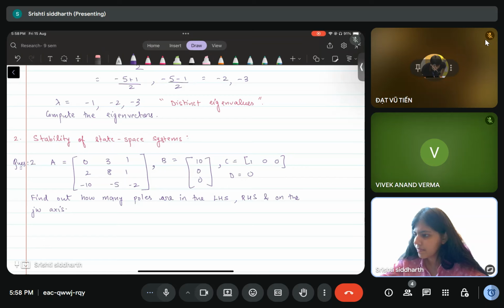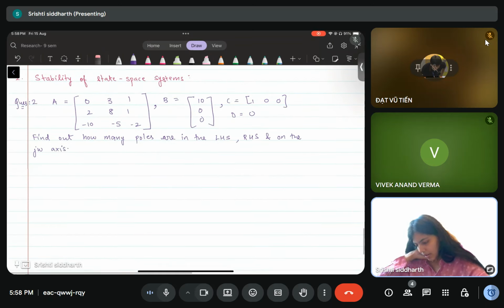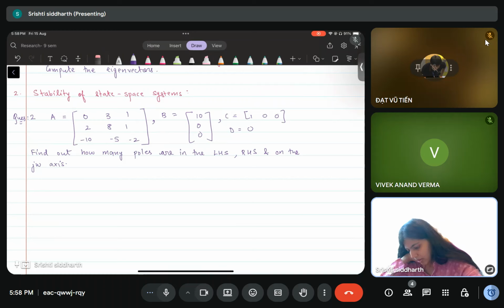Okay, let's see the question. Suppose all eigenvalues. Okay, so let's first find out what A minus lambda I is, because we have to talk about the characteristic equation. So this is minus lambda, 8 minus lambda, minus 2 minus lambda.